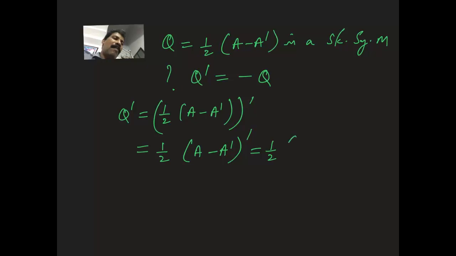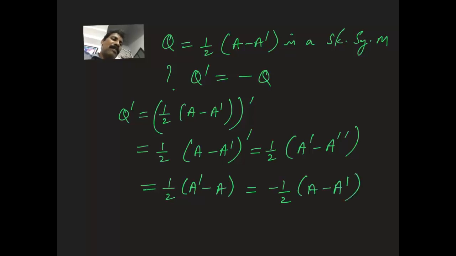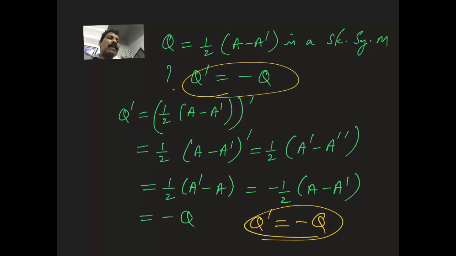That is equal to half into A dash minus A dash dash. So that is equal to half A dash minus A. Taking a negative sign outside, that is minus half A minus A dash. That is equal to minus Q. So what happens? When Q dash is equal to minus Q, we can say that Q is a skew symmetric matrix.